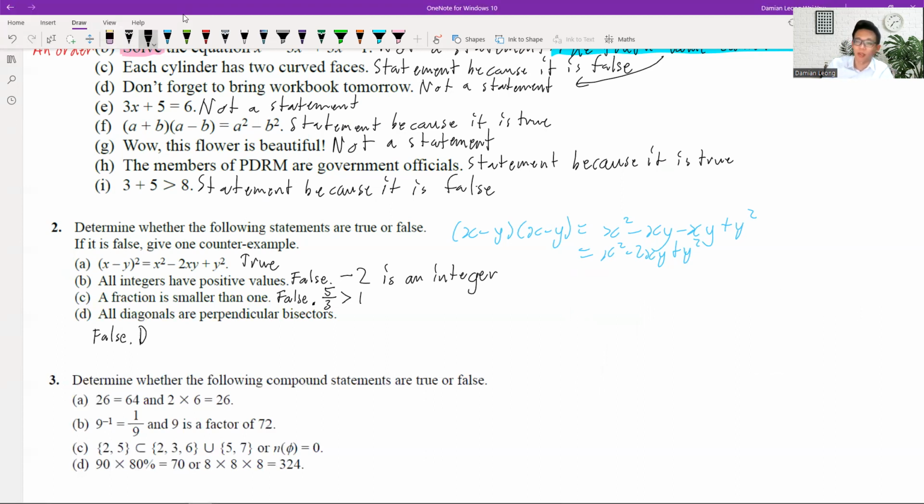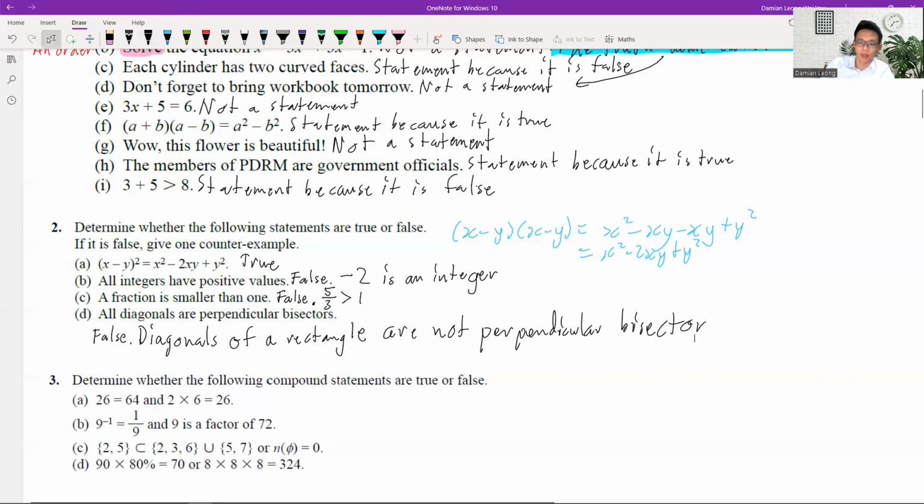So basically you can just name any other shape and say diagonals of a rectangle are not perpendicular bisectors. Okay, just as simple as that.